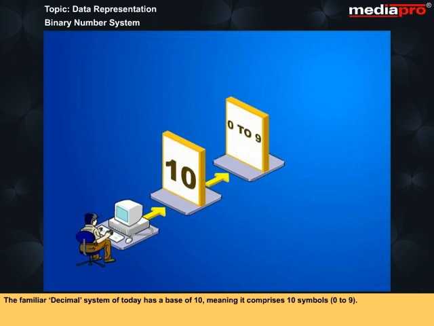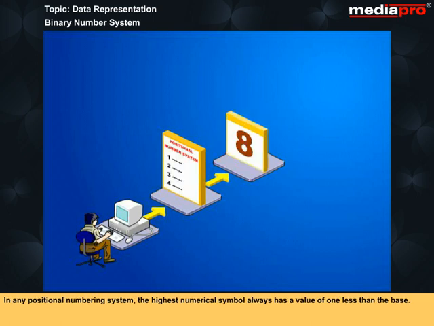The familiar decimal system of today has a base of 10, meaning it comprises 10 symbols, which are 0 to 9. In any positional numbering system, the highest numerical symbol always has a value of 1 less than the base. Hence, the decimal system's highest value is 9, which is 1 less than the base 10.